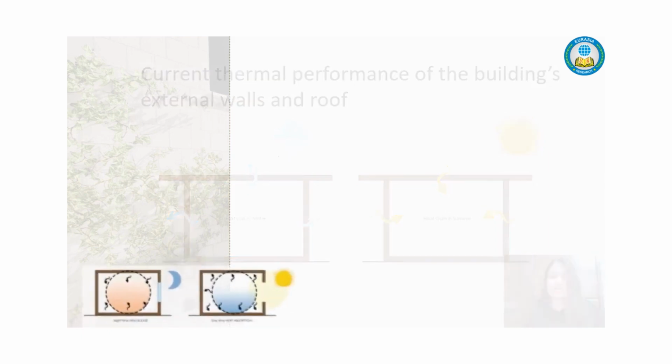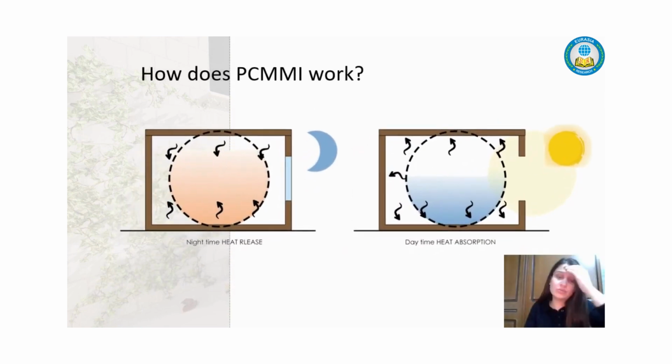And my solution was to turn the residential building into what is called a thermal mass. What is a thermal mass? Thermal mass is that the building itself or the residential apartment will be able to cool itself on its own, to heat itself on its own, and that's what the phase change material, the mycelium integration, will do by implementing it as a layer in the envelope, which means that in the daytime there's heat absorption, decreasing the amount of heat entering the enclosure and decreasing by default the amount of energy that we will use to cool the enclosure.